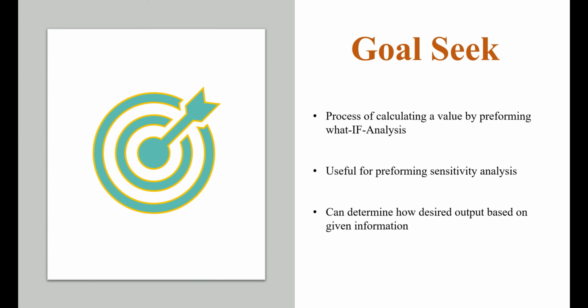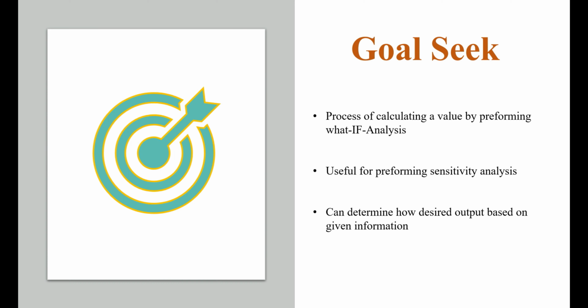Technically, goal seek is a process of calculating a value by performing what-if analysis on a given set of values. For our purposes, Excel's goal seek feature lets you adjust a value used in a formula to achieve a specific goal, or put another way, goal seek determines the input values needed to achieve a specific goal.